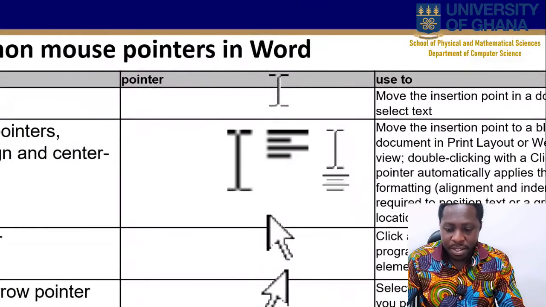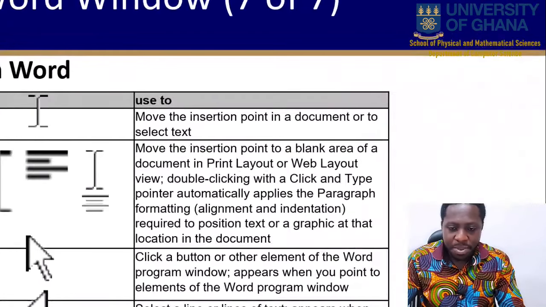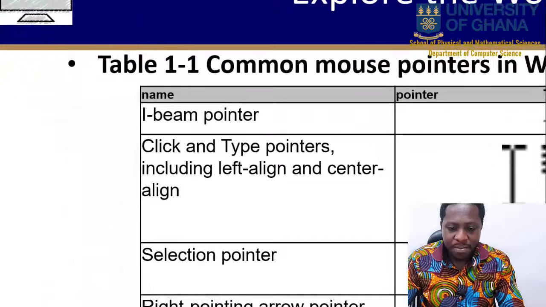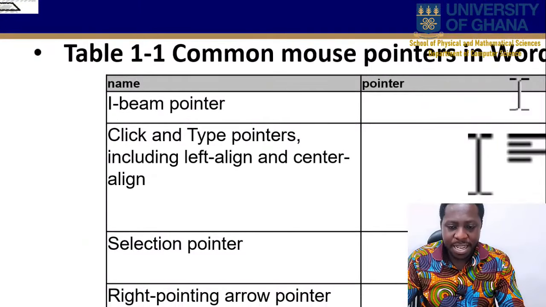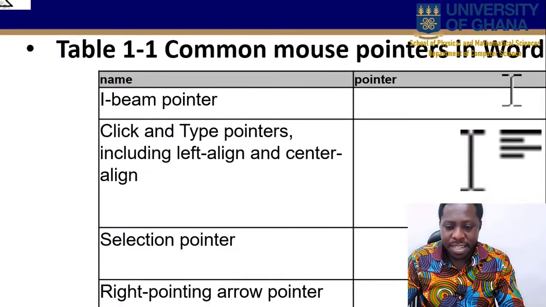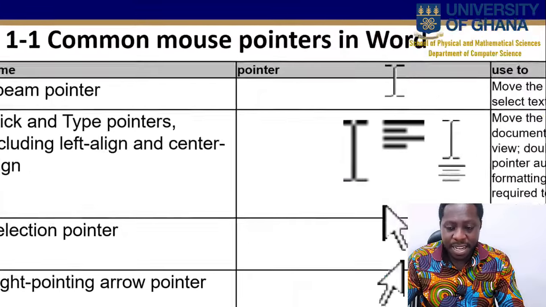So in a nutshell, we say that you move the insertion point in a document or to the selection point. Then we have the click and type pointers, including left align and then center align.